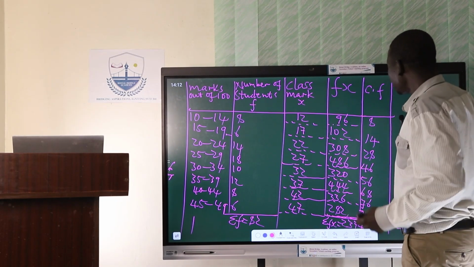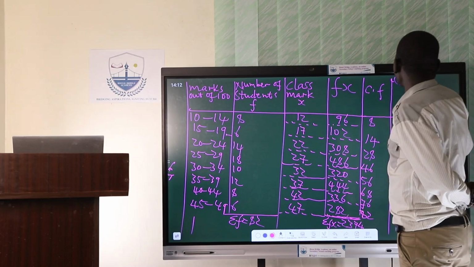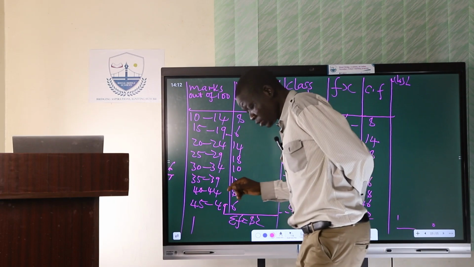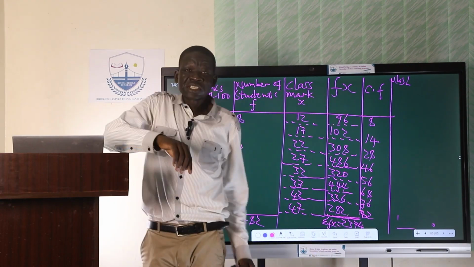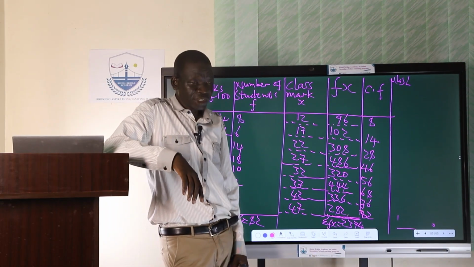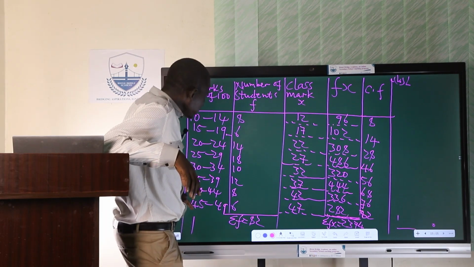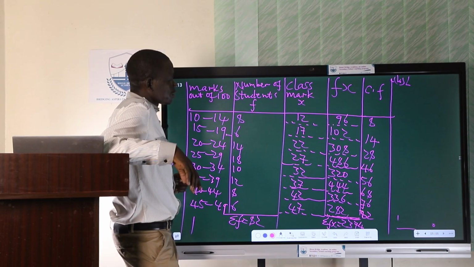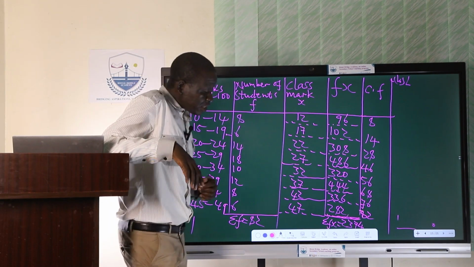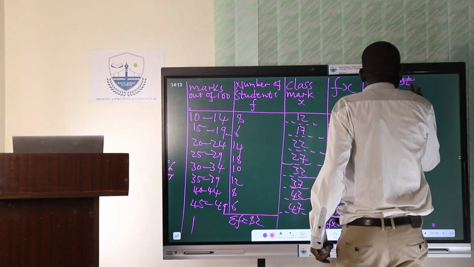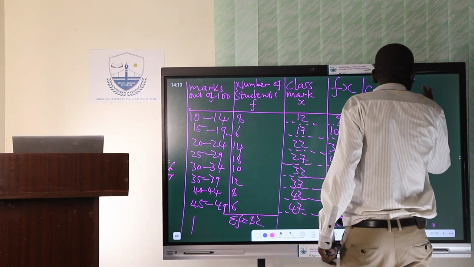To calculate the median, we first need to establish the median class. The median class is the class containing the median. And how do we obtain the median class? To obtain the median class, we first find the median class.